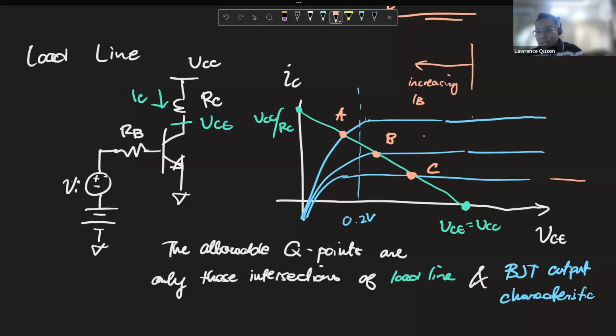And we also know that increasing IB increases this. So, ang nangyayari when we increase IB is we travel from C to A and eventually we go into saturation. So that's what happens in the circuit.